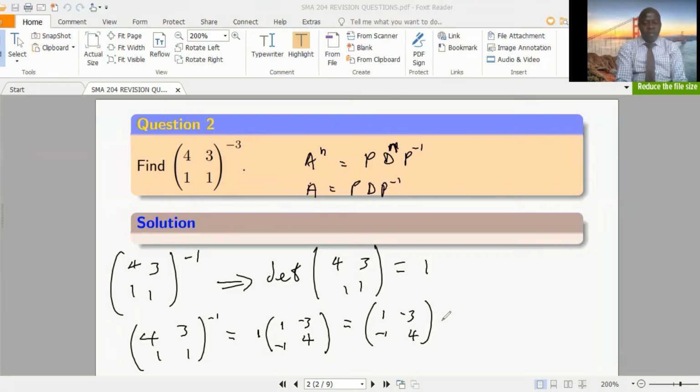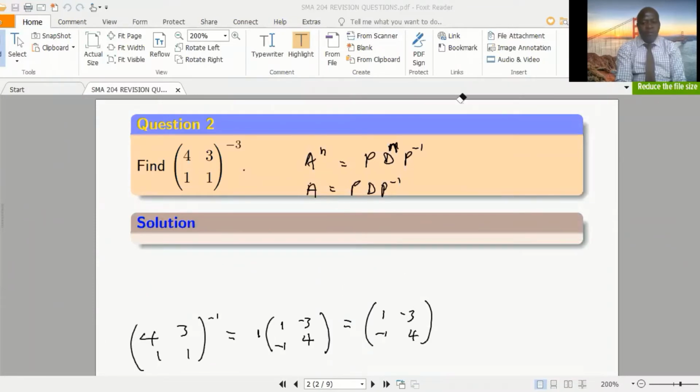So let's now do this. I want us to erase this so that we can write here. So we want 4, 3, 1, 1 raised to -3, and we said it will be the same as 1, -3, -1, 4 raised to 3, because we've already found the inverse.